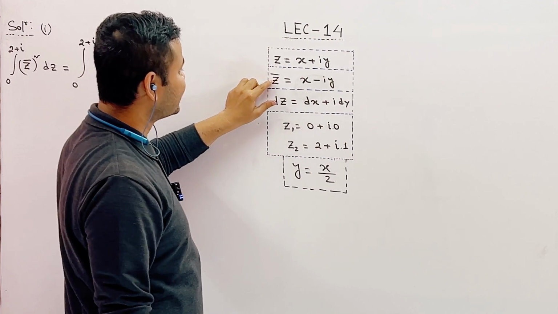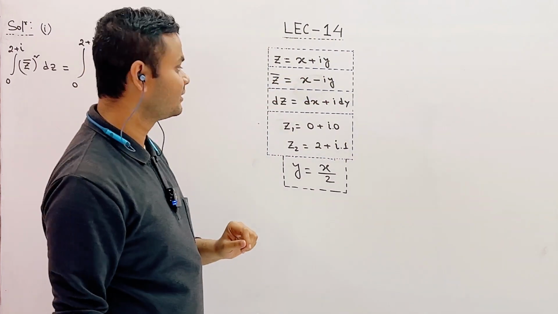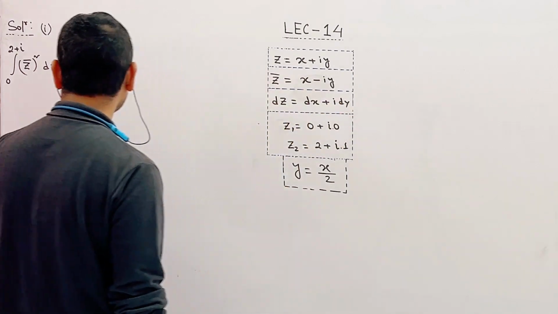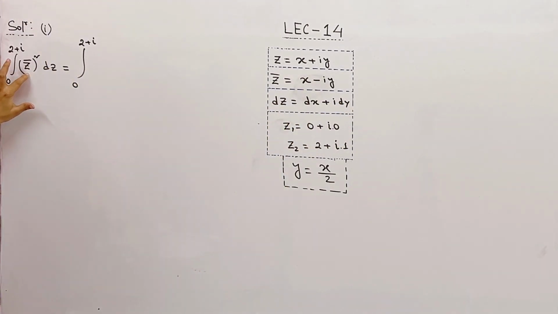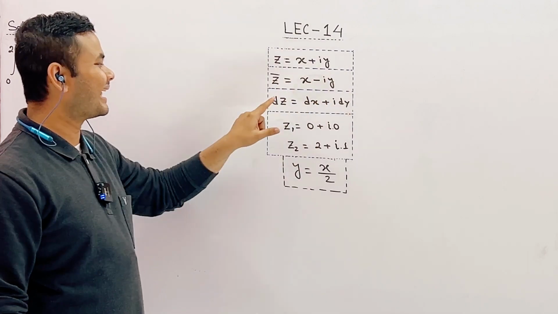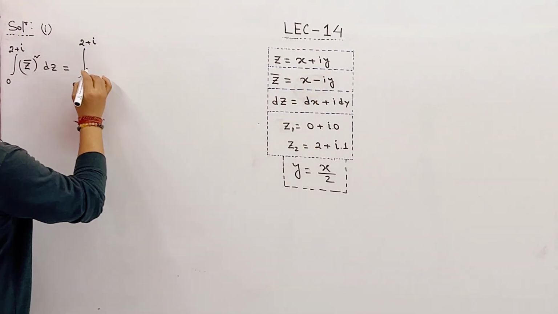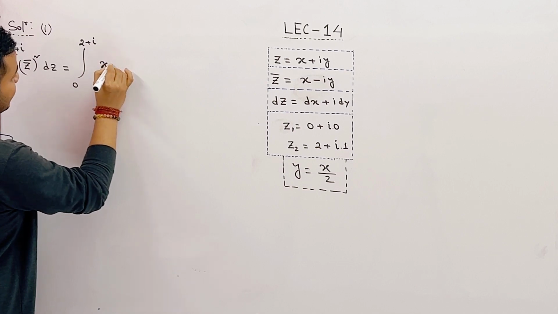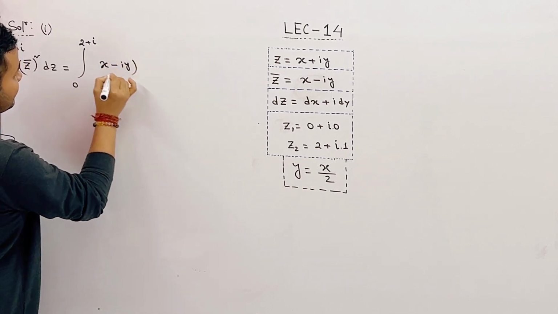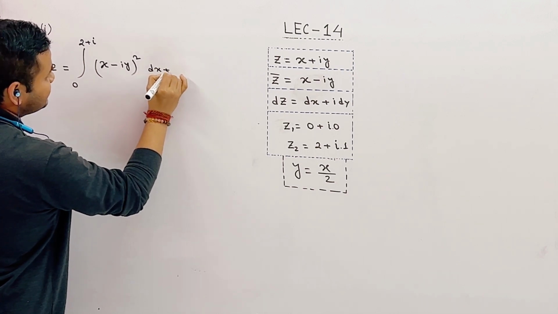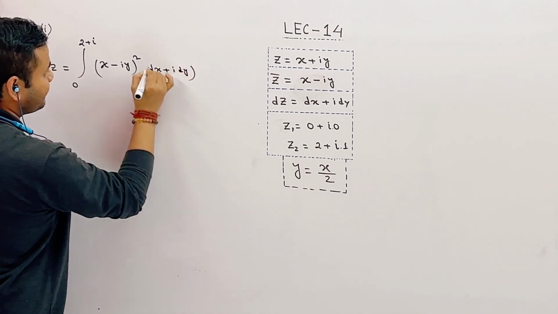So, therefore, z bar equal to x minus iota y, and again dz equal to dx plus iota dy. So, let us replace z bar by x minus iota y and dz by dx plus iota dy. So, we will get x minus iota y whole square into dx plus iota dy.